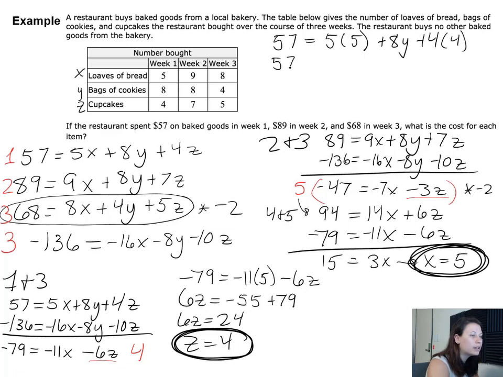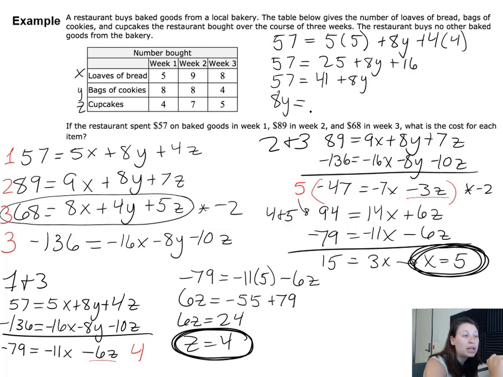So 57 is equal to 25 plus 8y plus 16. So 57 is equal to 25 and 16 is 41 plus 8y. So then 8y is equal to 57 minus 41 is 16. So that means y is equal to 2.